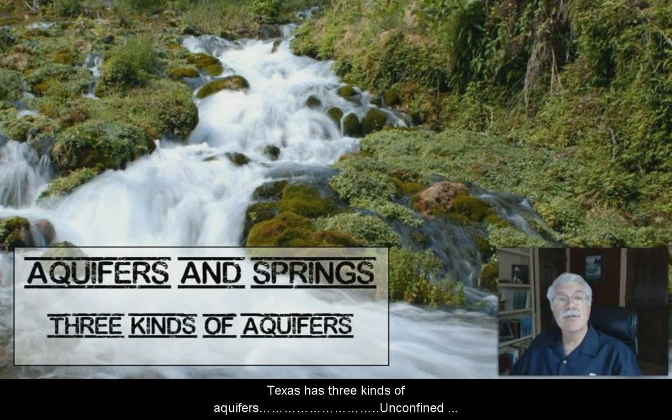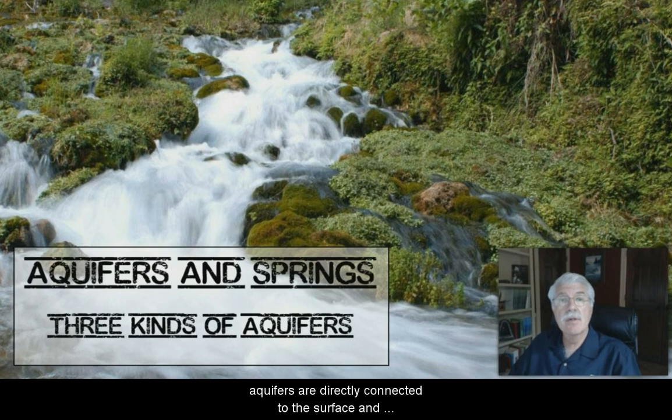Texas has 3 kinds of aquifers. The first are called unconfined aquifers. These are aquifers that are directly connected to the surface and have water levels dependent on relatively constant recharge. The groundwater flows to the surface whenever the aquifer's upper saturated layer, this is called the water table, rises to the level of the land's surface.